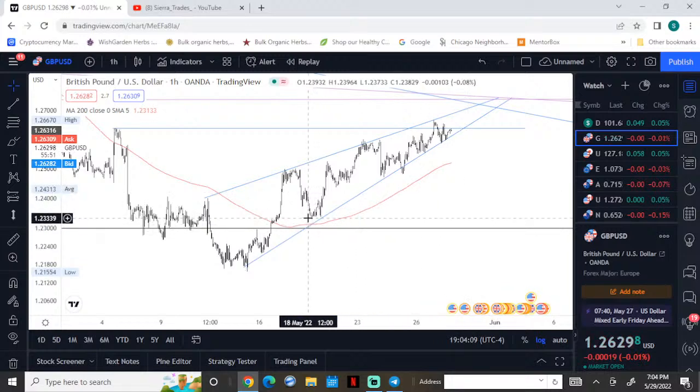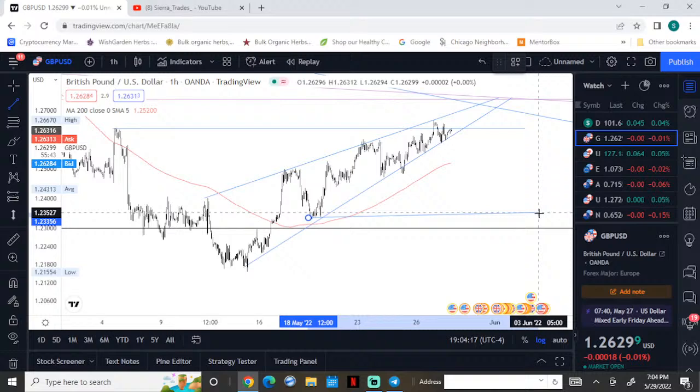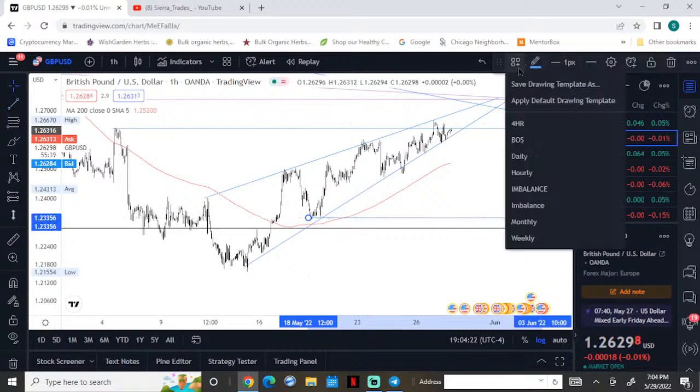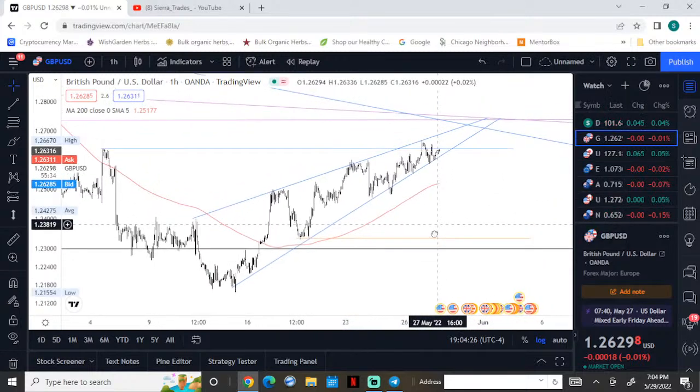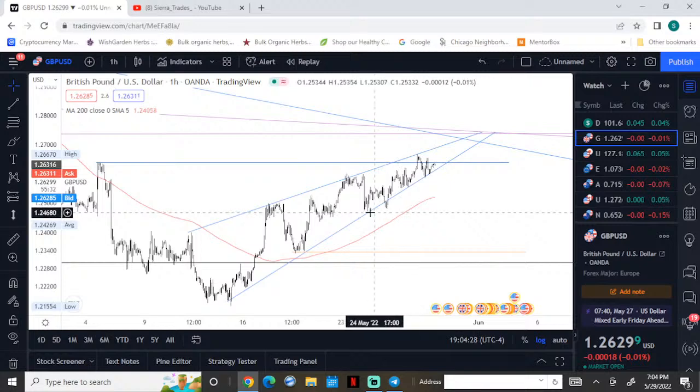I'm going to do right here, we got a double bottom, plus that little area right there where price played around it. My hourly color is yellow. And we got another one right here.